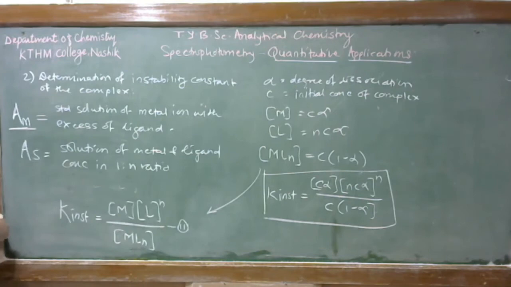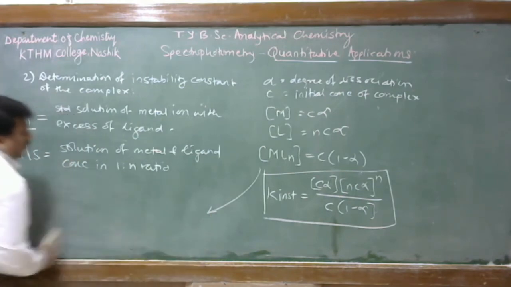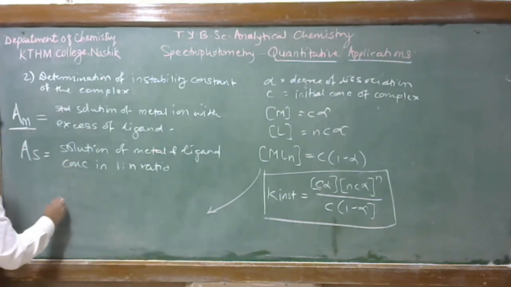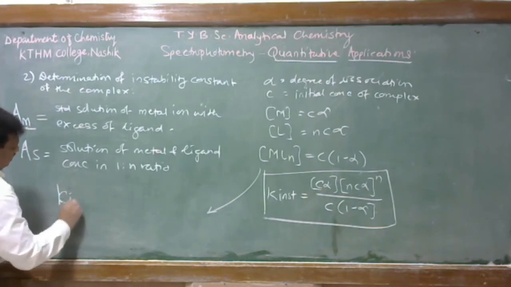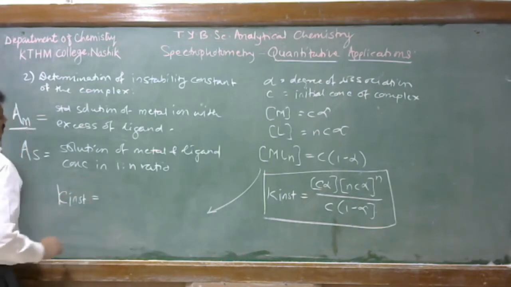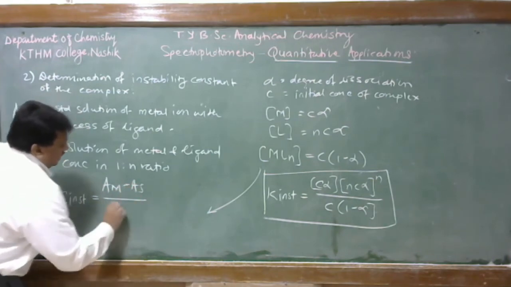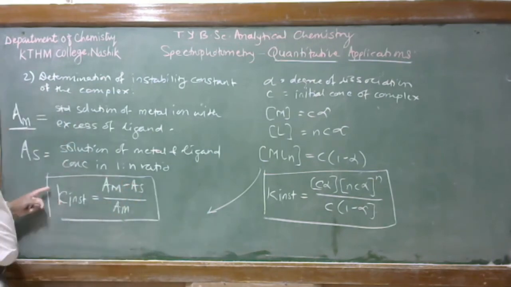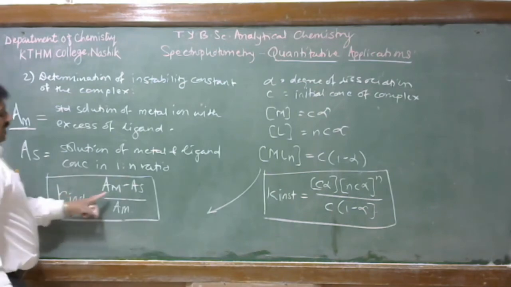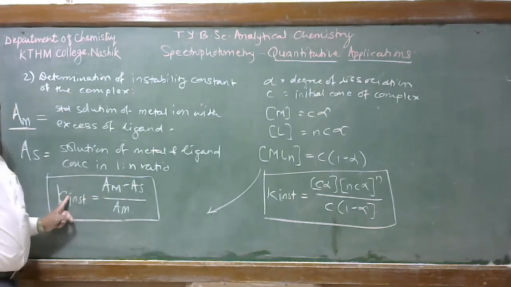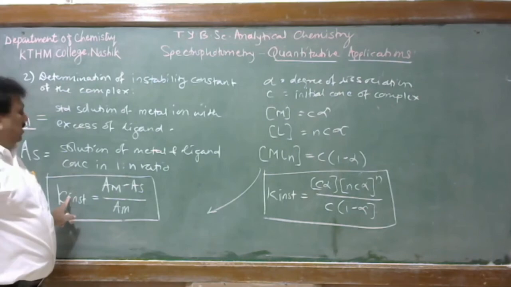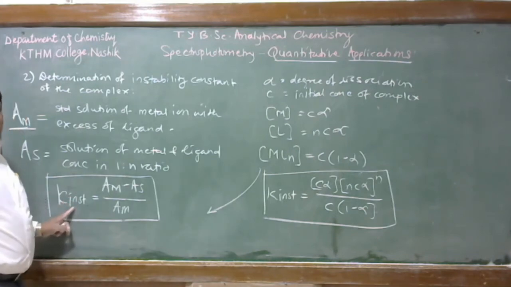These two absorbances we have to measure, and simply put these two absorbances in this equation. Therefore, K instability is equal to AM minus AS divided by AM. Therefore, this ratio directly gives us the instability constant of the complex.